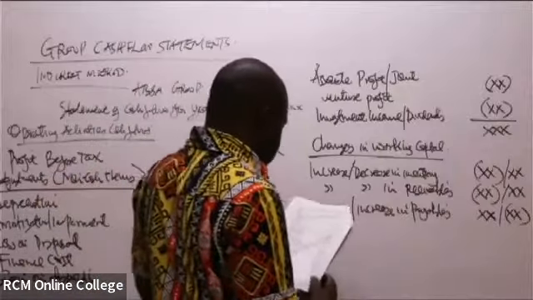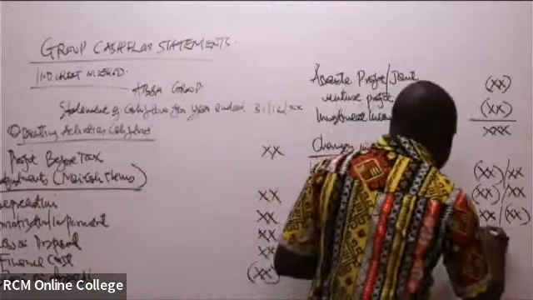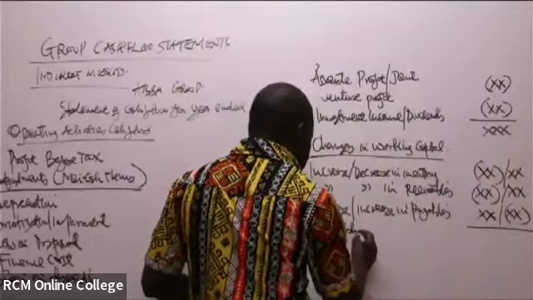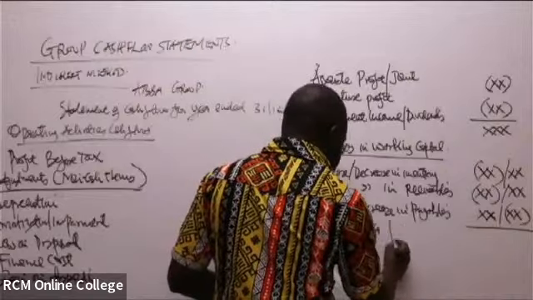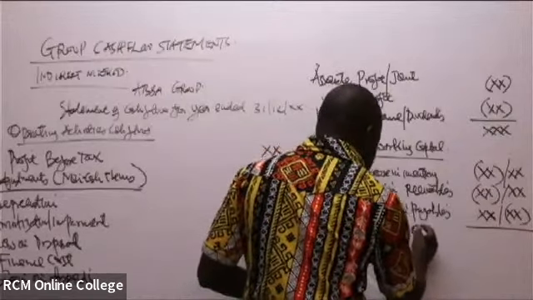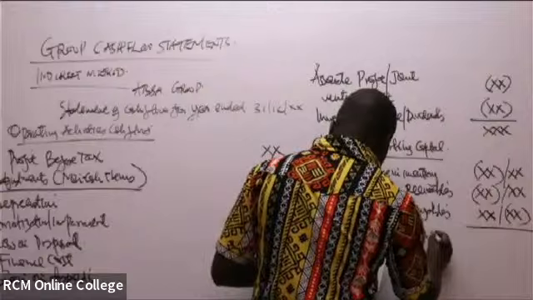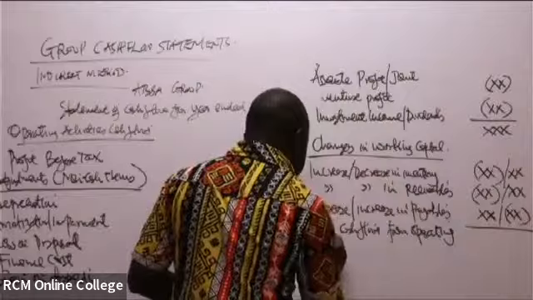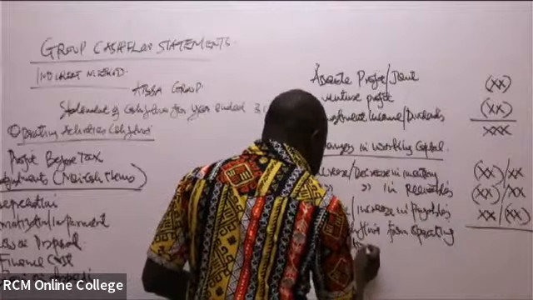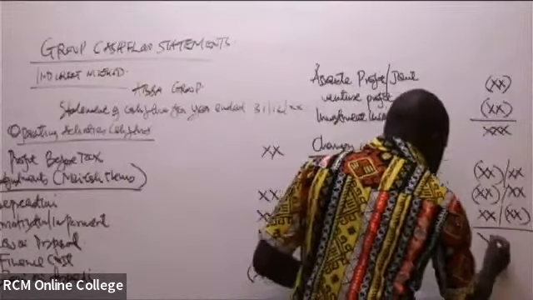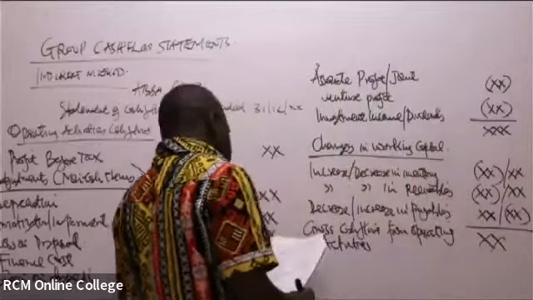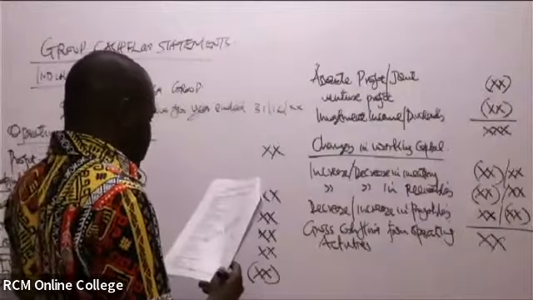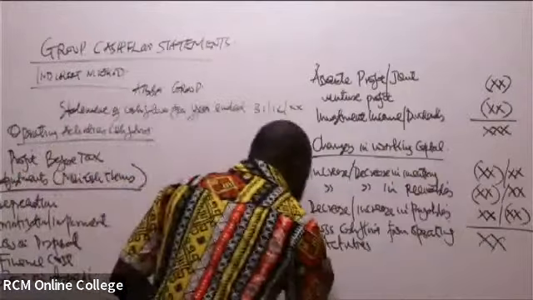So you'll get in this case the gross cash flows from operating activities. So that is the figure you'll be able to get there. Then you'll now consider the tax that was actually paid.